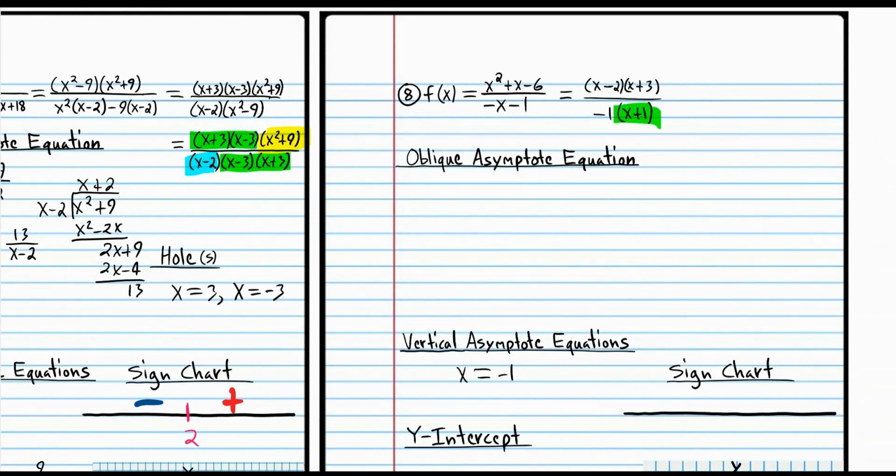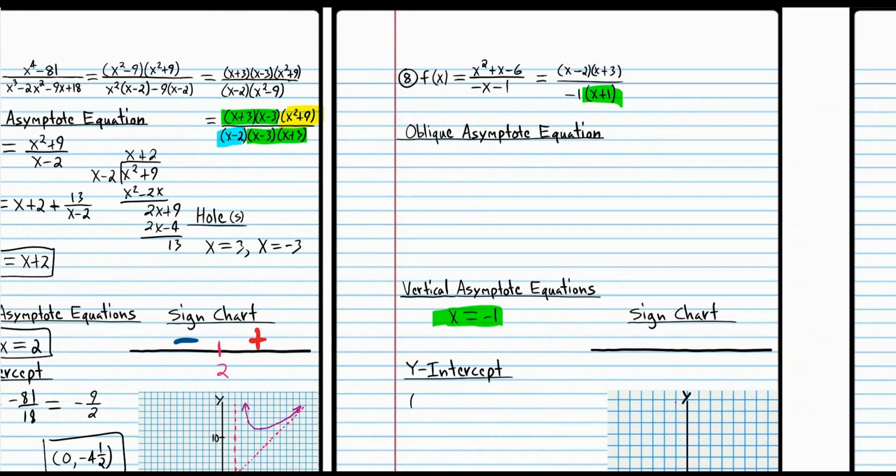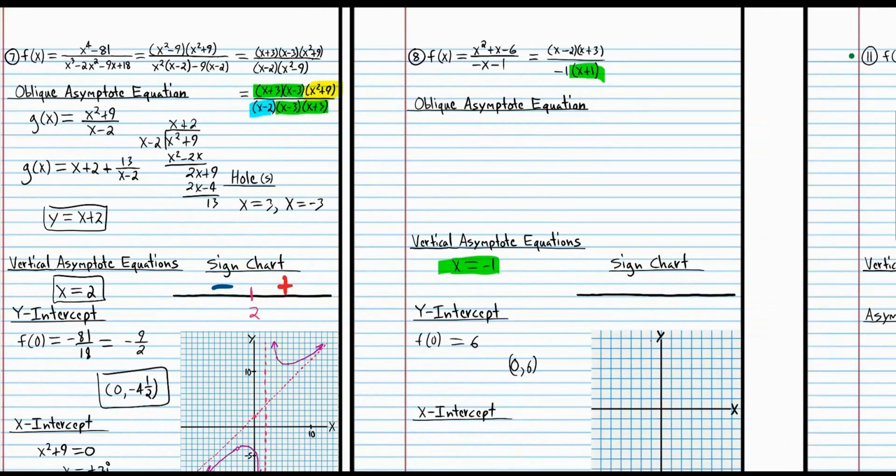So we got that from there. And if we let x equal 0, we can tell just using this expression here, we get 6. And so 0, 6 is the y-intercept.